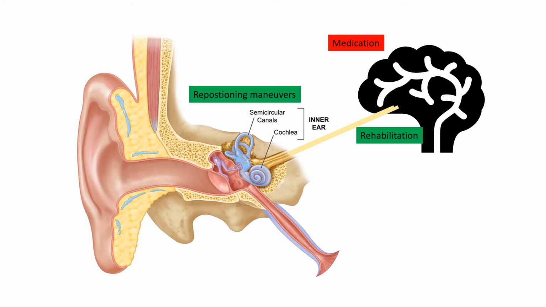What we're trying to do in the rehabilitation is not get rid of the signal, but just adapt the brain to that signal. And medication, marked in red here, usually has the opposite effect. It will make the patient's brain less sharp to these adaptations, and make it take a bit longer.